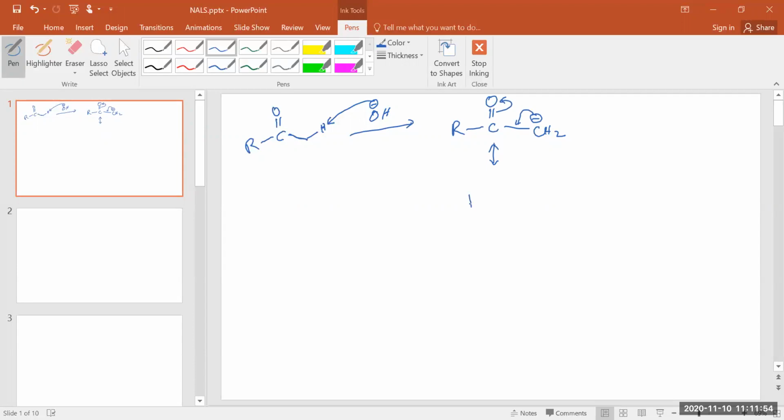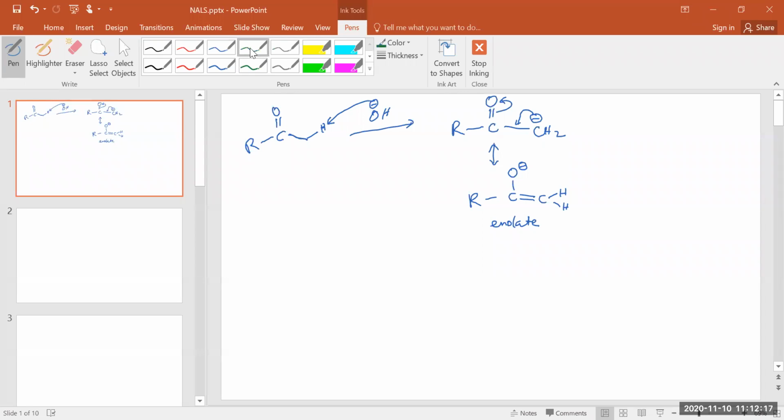So it can form this resonating structure, C double bond CH2, O minus, with the negative charge here. This is called enolate.